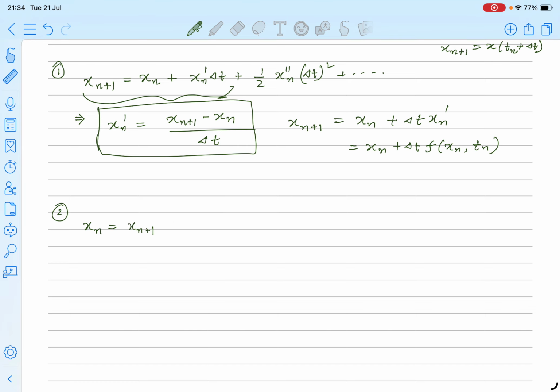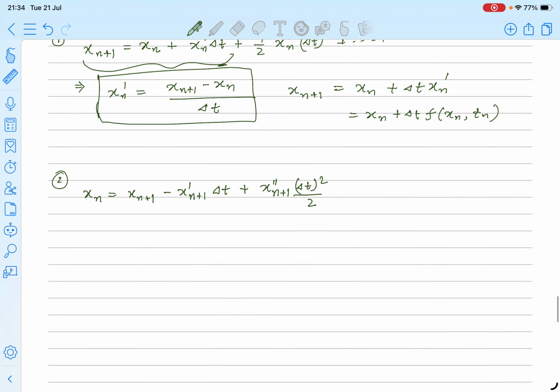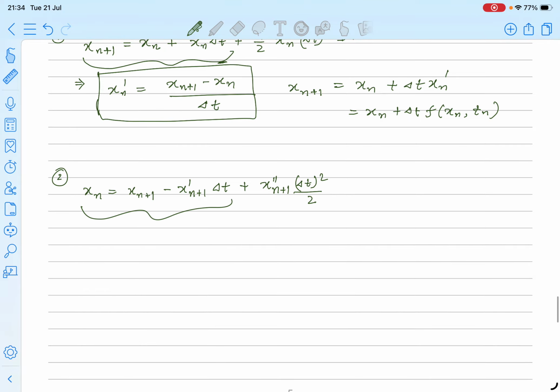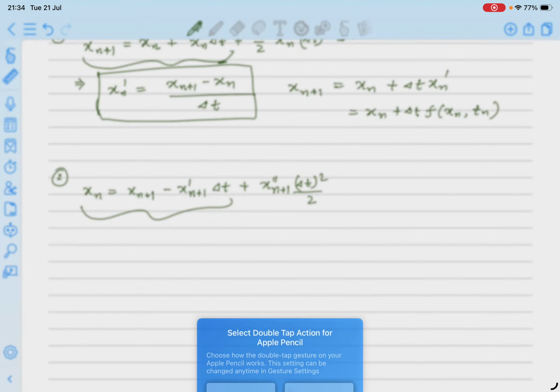This is x_{n+1} minus x'_{n+1} delta t plus the double derivative at t_{n+1} delta t squared by 2. Now again take it till order delta t.